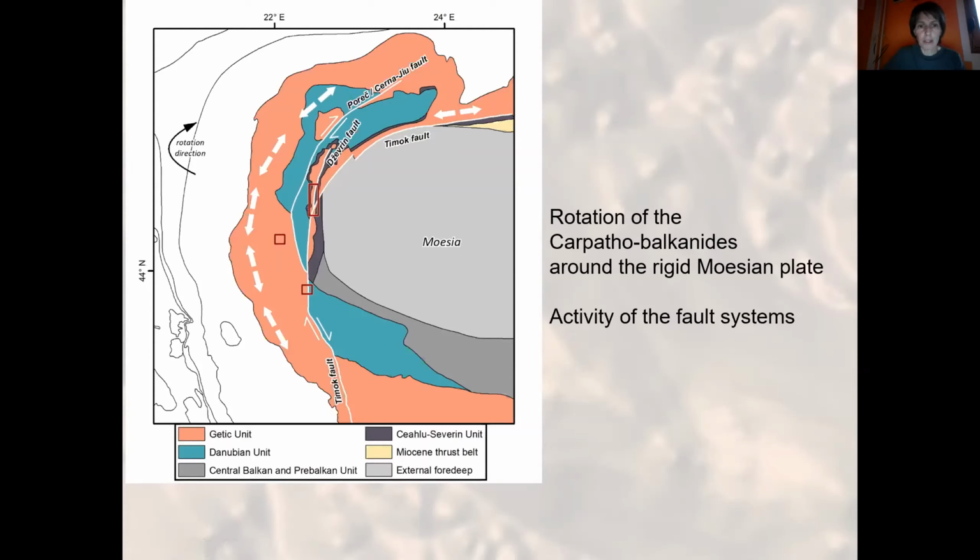So Moesian plate is an old European plate, very stable. And you can see the activity of these fault systems which surround it, and some of the most important is the Timok fault, and all of them are dextral strike slips.